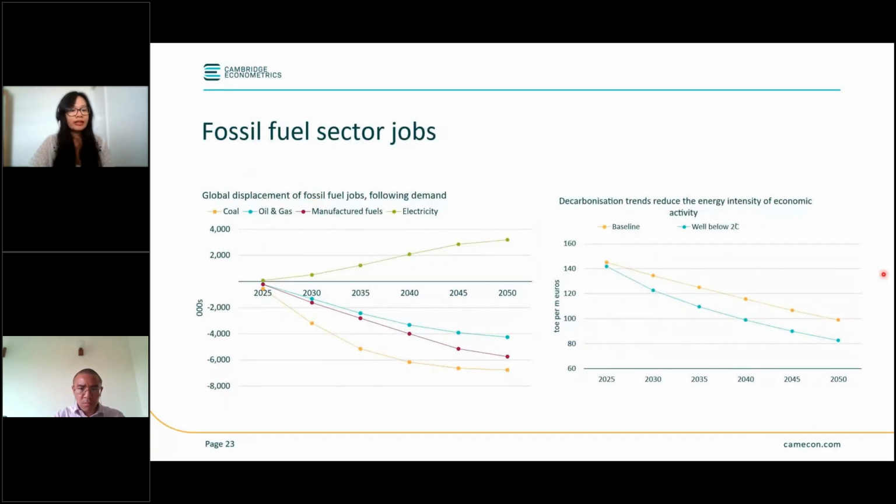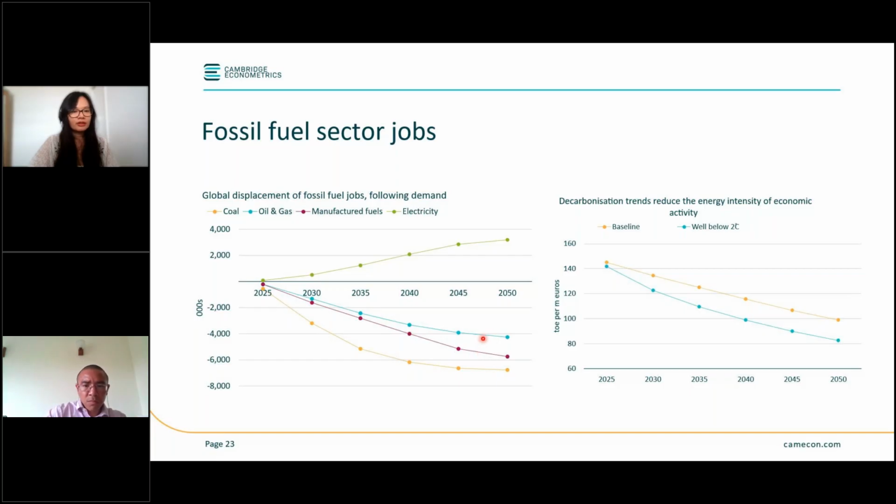This is reflected also in the employment results, which is something that we were interested in for our hypothetical policy question. First of all, by comparing the employment in specific sectors in the scenario to the baseline level, we can see there is a reduction in all of the fossil fuel sectors compared to the baseline.